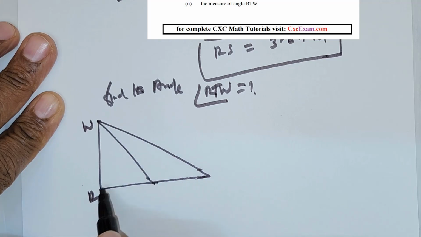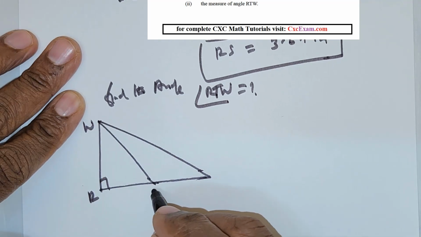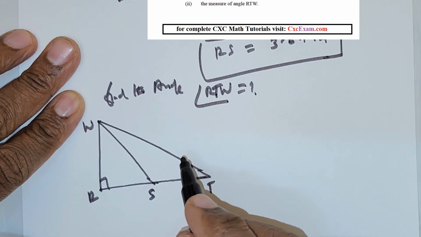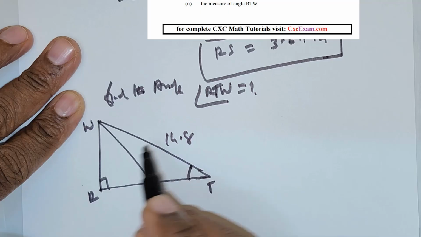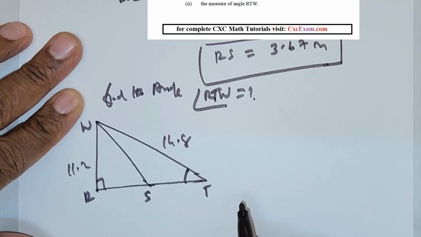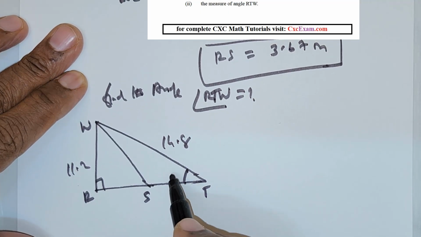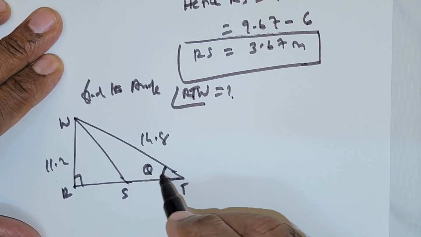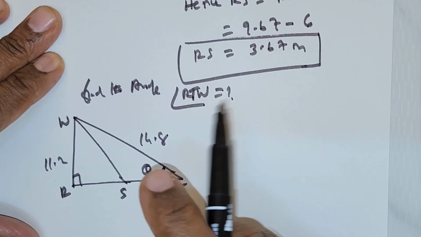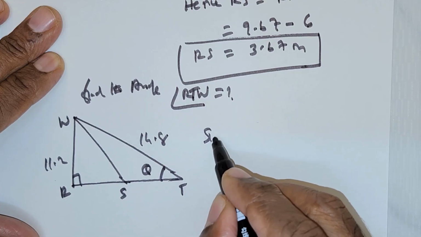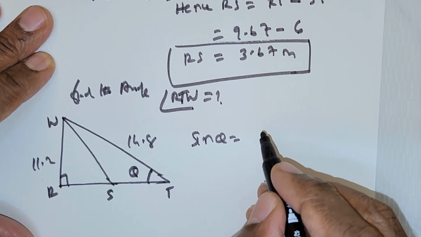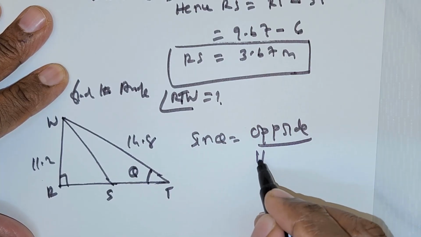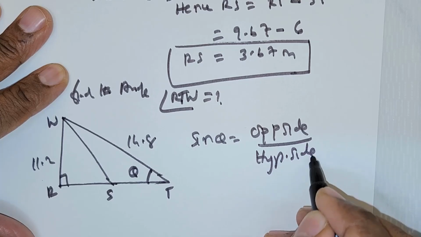So this is WR 90, this is S and T, and this is 14.8 and 11.2. Now we need this angle. So if I were to take this as theta, now by the law of triangles, sine theta is opposite side over hypotenuse side.